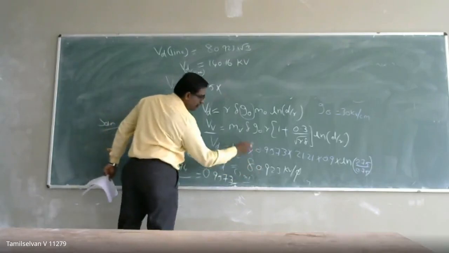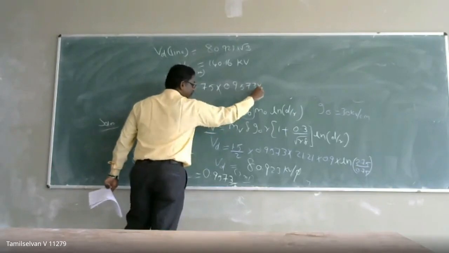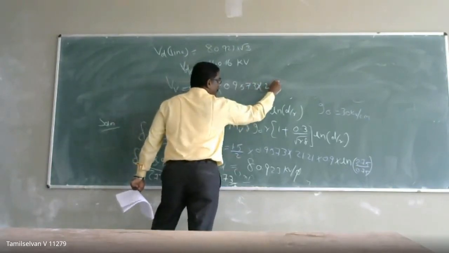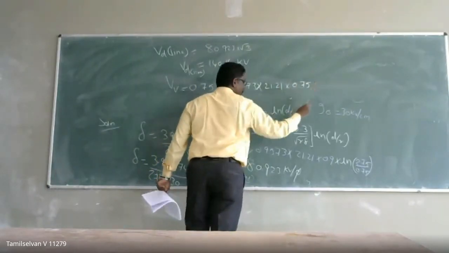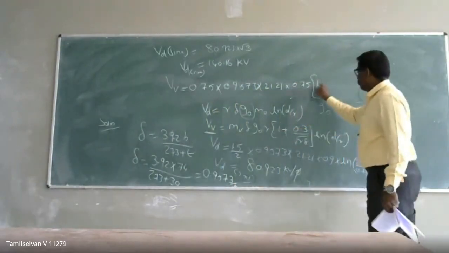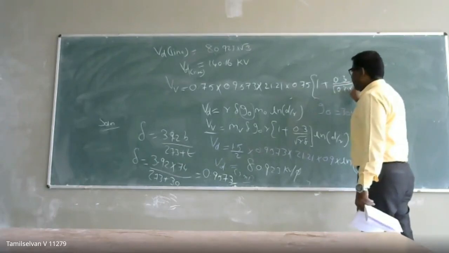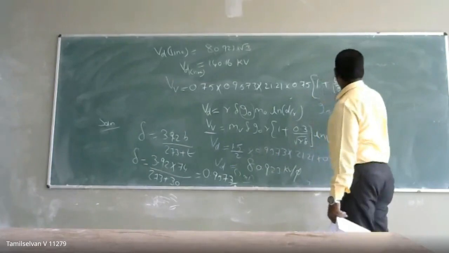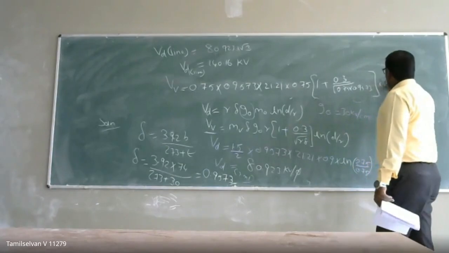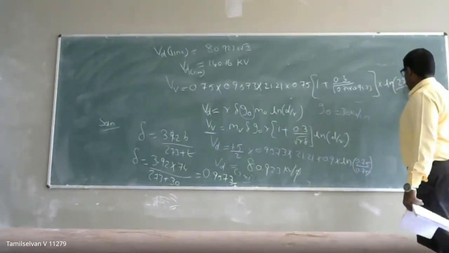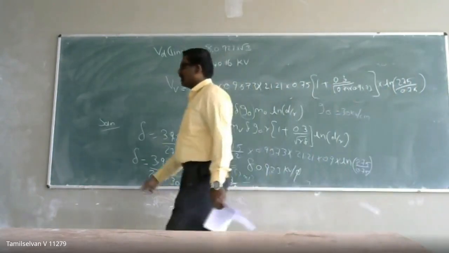Delta value 0.9573. 21.21 into R into 1 plus 0.3 by square root of 0.75 into delta 0.9573. Okay, of 275 divided by 0.75. Get me?